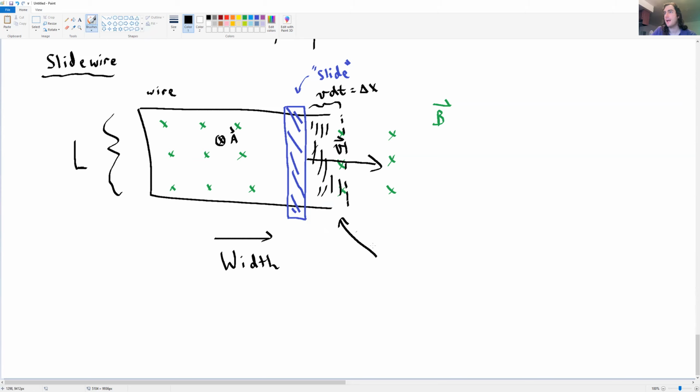So this is our delta A. And delta A is going to be v dt, that's the extra width, times the height or the length here, L. So L v dt. I wrote delta A, but really I should have written dA. Sorry about that. So dA equals L v dt.